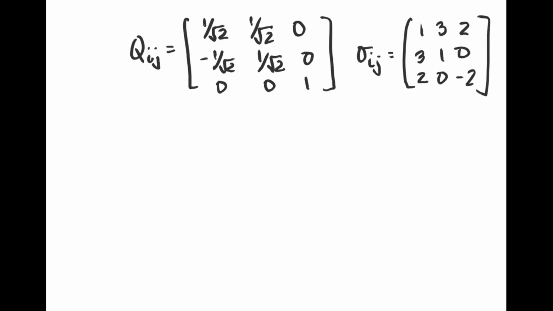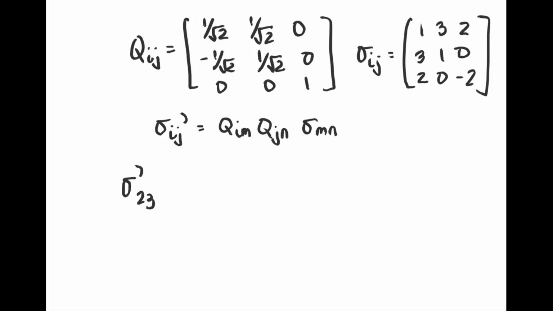we have this equation. Sigma ij prime is equal to Qim Qjn sigma mn. Suppose that we want to get the component of sigma prime. Anong component? Siguro 2, 3 na lang. 2, 3. Okay?